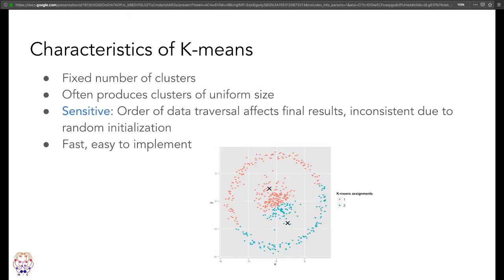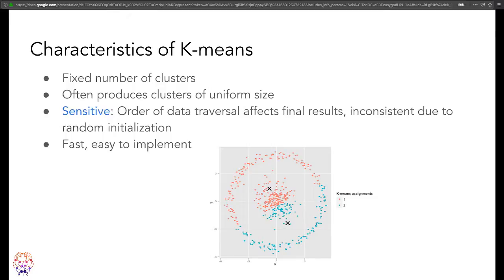Another disadvantage is that it's very sensitive. Depending on where you initialize the centroids, especially in a space that's not very linearly separable, the outcome can be very different. For example, in that image, this data isn't linearly separable, right? We would want clusters representing this set here and the middle set here.